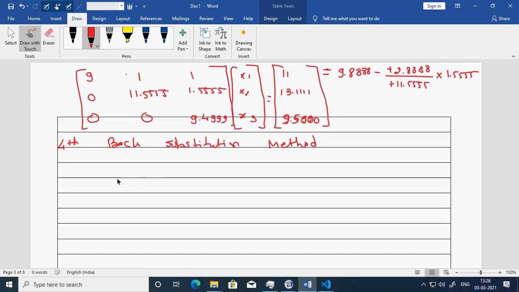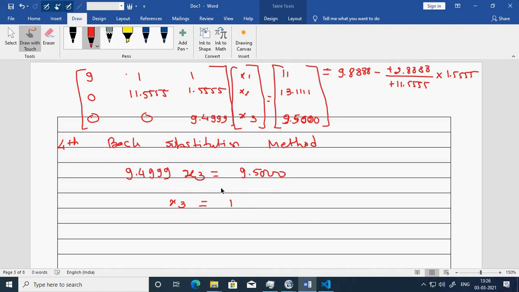So now back substitution. From the last row, I can clearly write 9.499 into x3 is equal to 9.500. So from this, what is the value of x3? 1. There is a small error, so let it be, it will be 0.999 or something like this. So I am writing that as 1. You can write 0.999. So you could see the error started involving here.